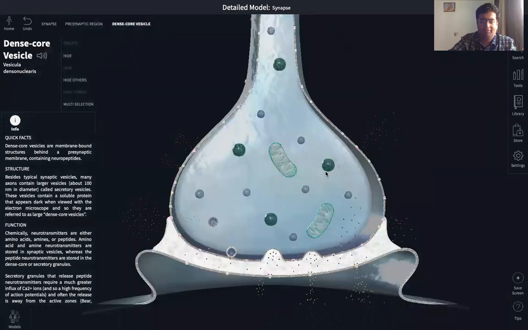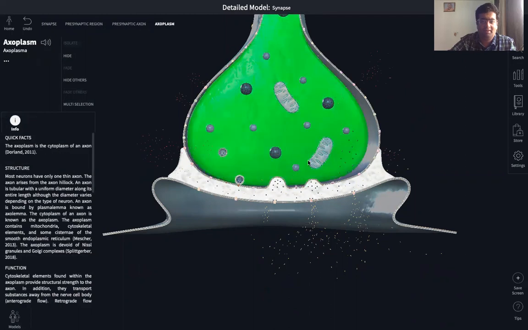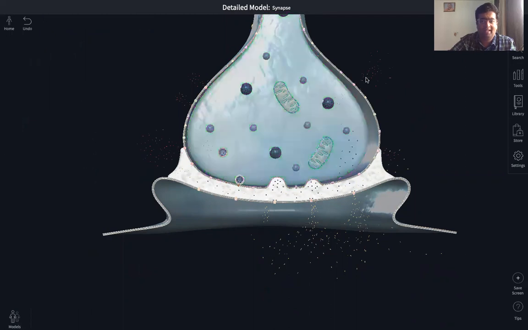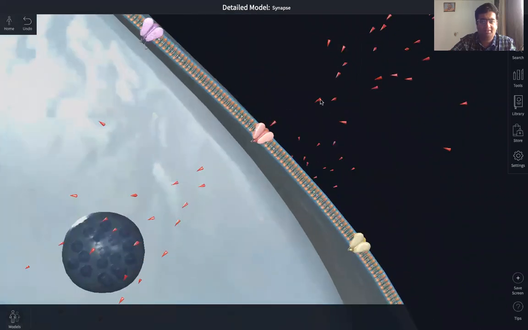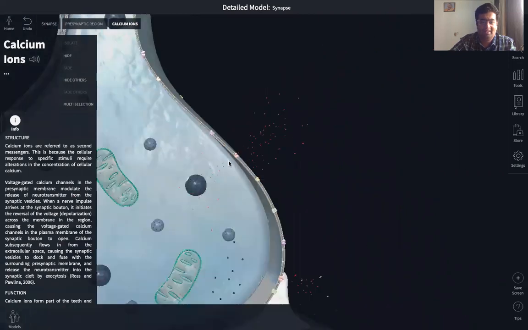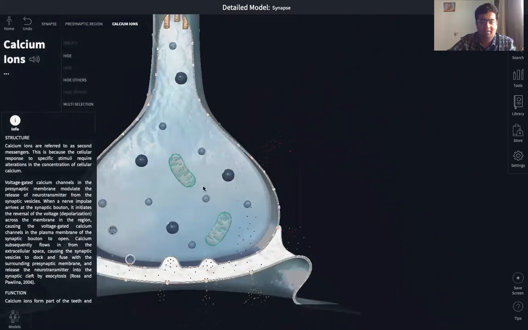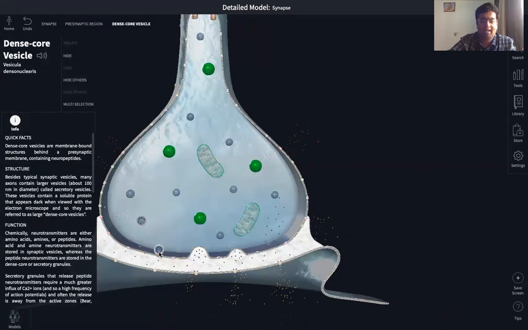Now, the fusion of these vesicles with the membrane of the axon terminal is regulated by the calcium ions. These are the calcium ions that are now highlighted in pink, and they help in the fusion of the synaptic vesicles with the axon membrane.